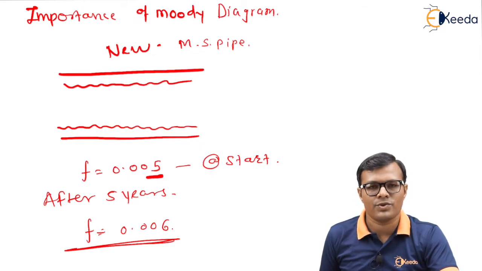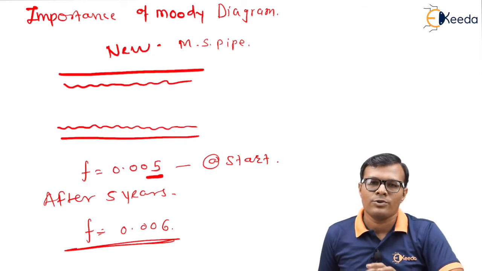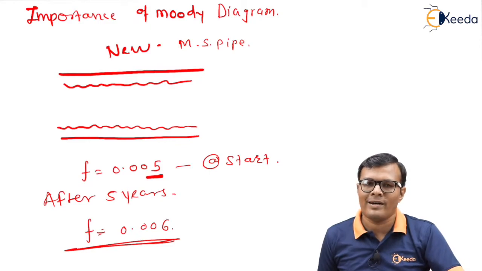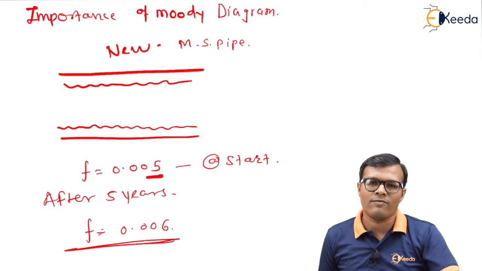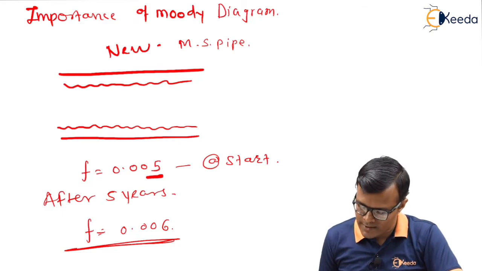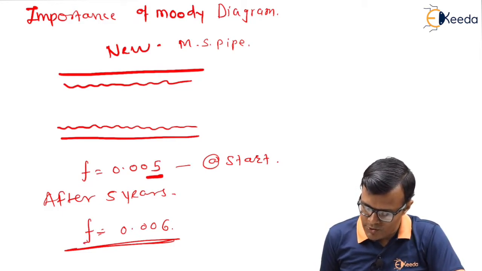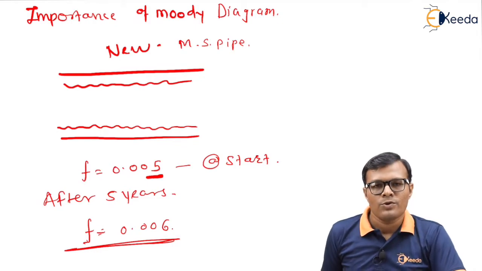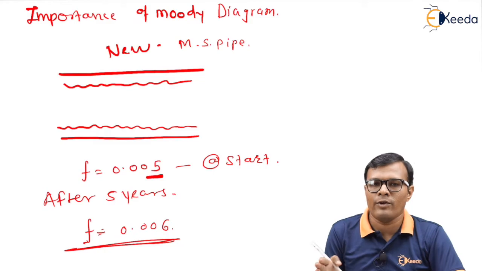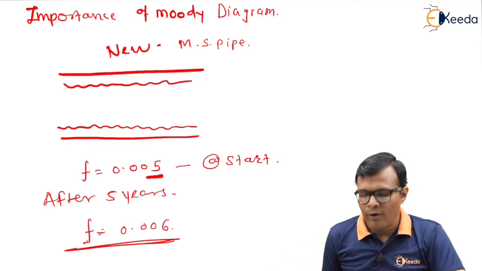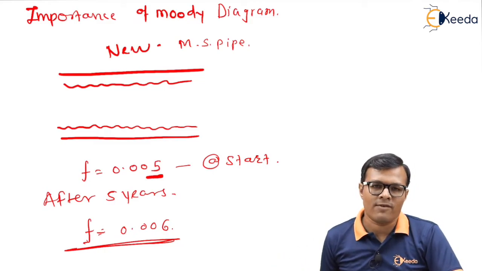it will come to be known that the results are not obtained as in the old condition. So for that purpose we have to revise the values of various terms, which includes the value of f also. So if we want to calculate the new value of f, then we have to use the equation; first option is the equation and second option is using the Moody diagram.